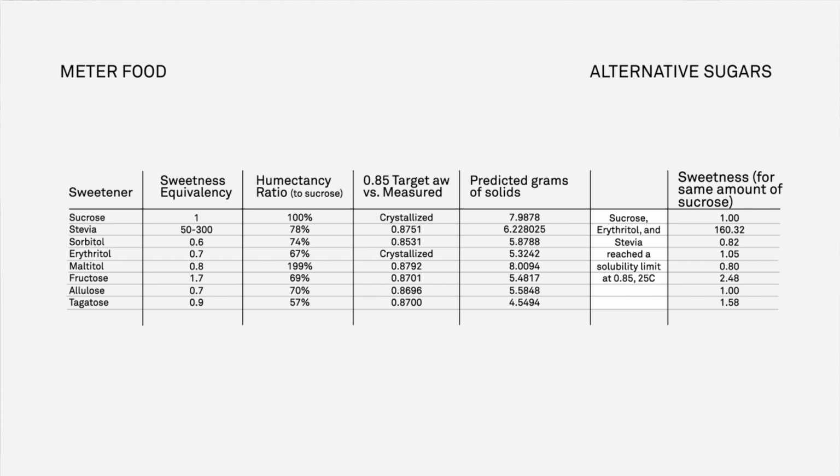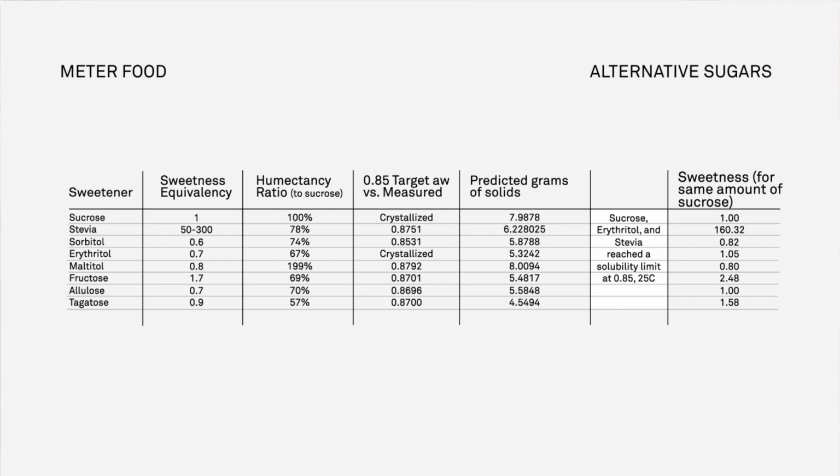Varying amounts, most of these sugars are kind of 50-50 really. Half of them are a little less, half of them are a little more. Based on the relationship that we found in the lab, we're able to calculate how much mass of these sweeteners we would need to replace a similar amount of sucrose.